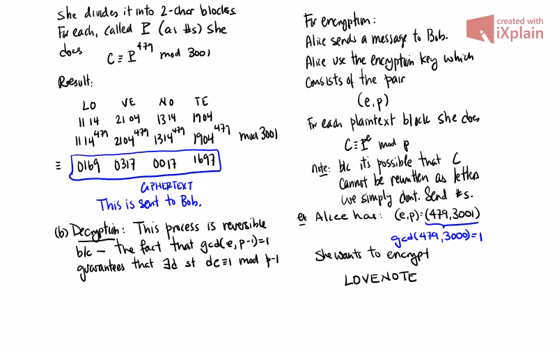So then what happens is, for a ciphertext block C, Bob does the following.